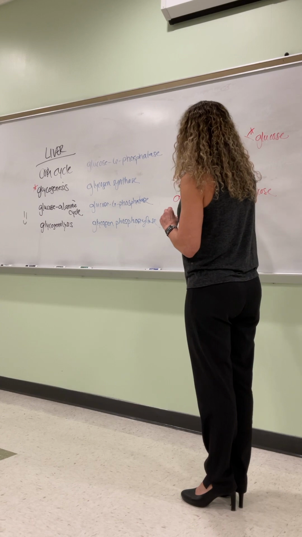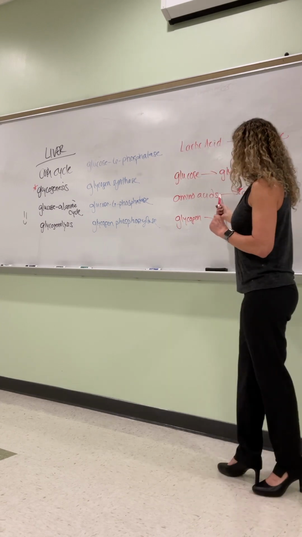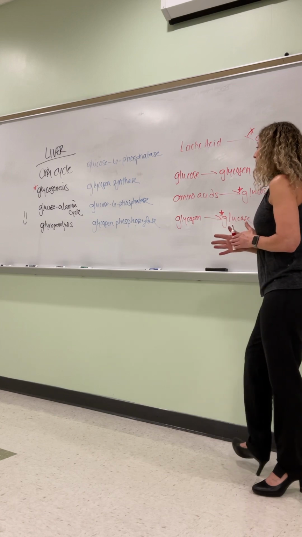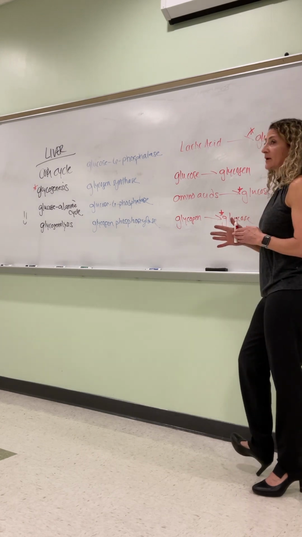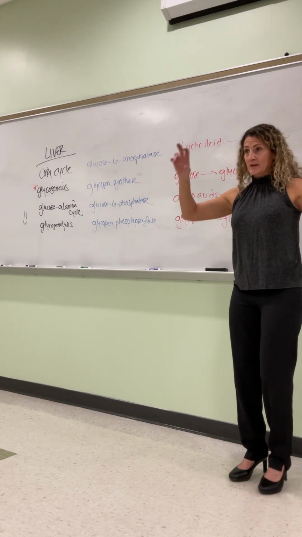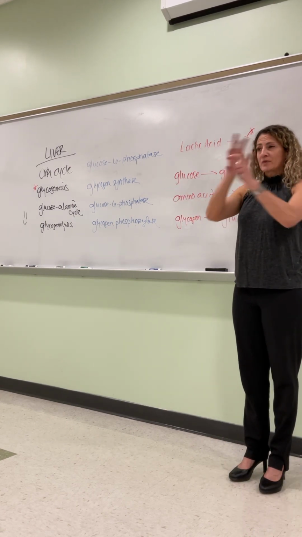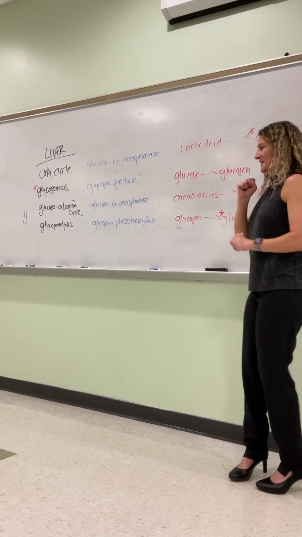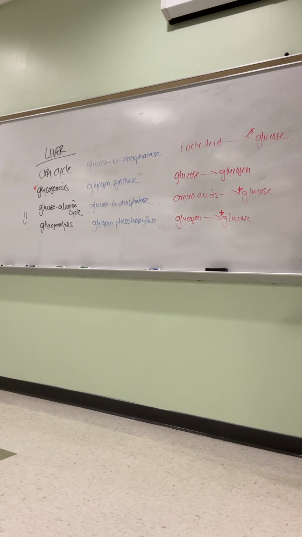So Cori cycle and glucose alanine are probably technically not considered catabolic because they're not breaking something down, they're creating something out of something else. So if you think of that as catabolic, it's going to confuse you when we get to hormones. But they are happening during exercise and they are mobilizing substrates.